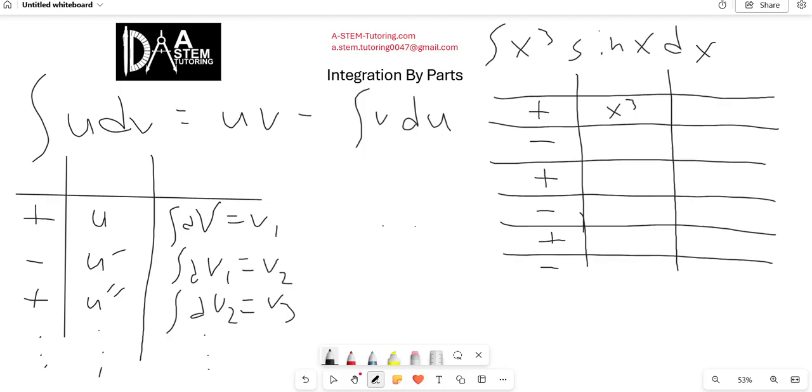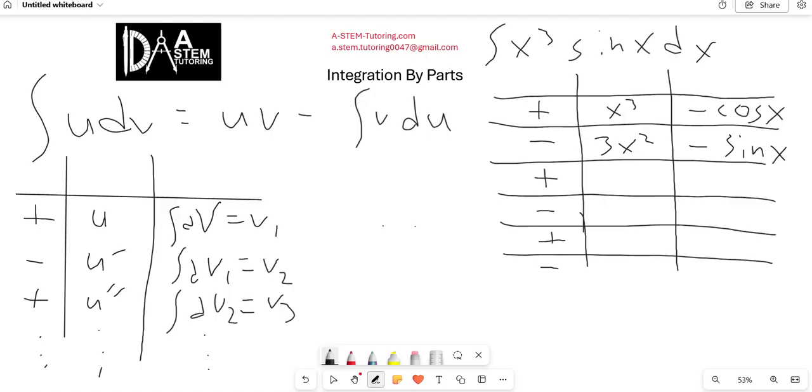The integral of sine x dx is negative cosine of x. The first derivative of x cubed is 3x squared. The integral of negative cosine x is negative sine x.